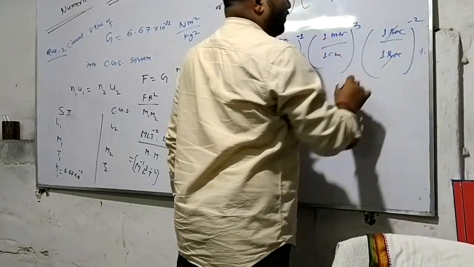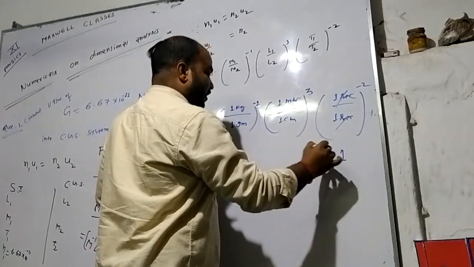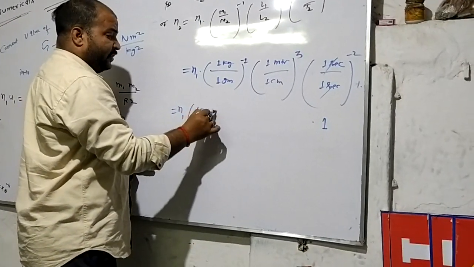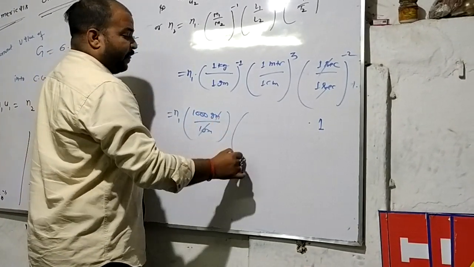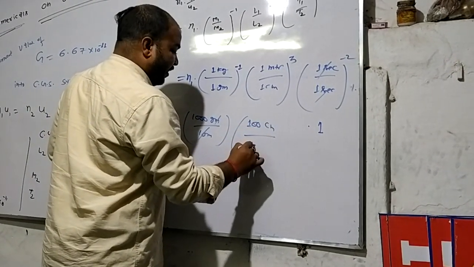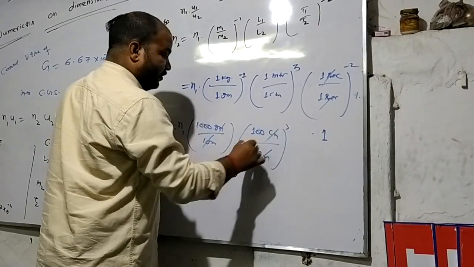This finally cancelled because 1 power something is 1, so this becomes 1 here. 1 kg to be converted in the common system, 1000 gram upon 1 gram. Agreed? Okay. Now 1 meter, 100 centimeter upon 1 centimeter. So this is cancelled out.